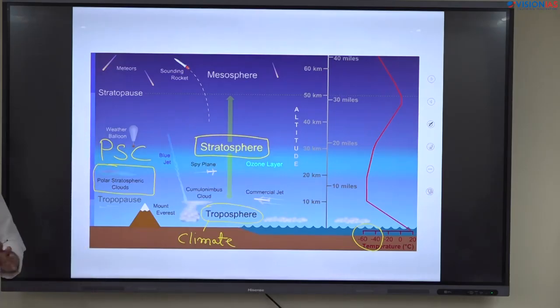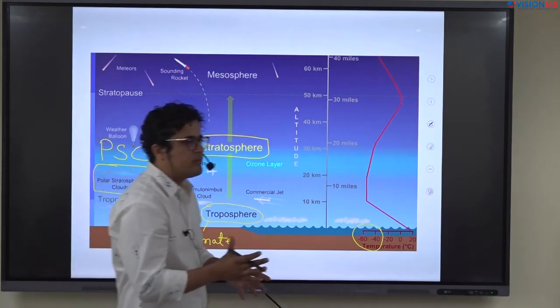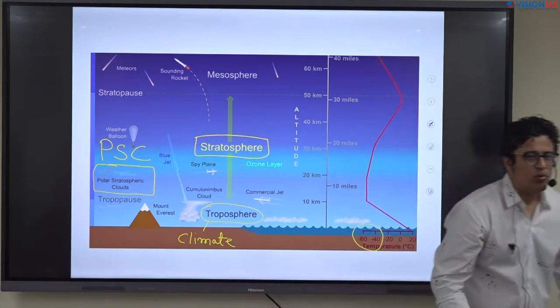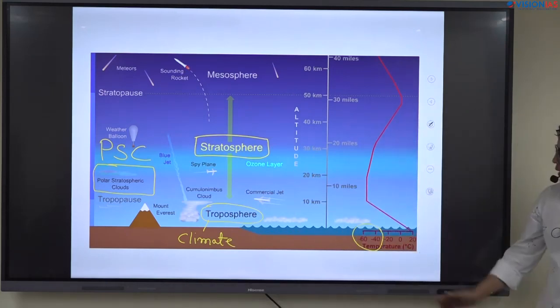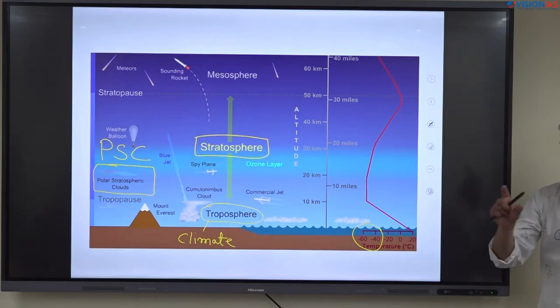They need a temperature around -40 degrees Celsius for their formation. So that means they will be formed at cold locations. You have compared two places, Arctic and Antarctica. Which one is more cold? And these clouds, they need cold temperature to form. So where they will be forming more?